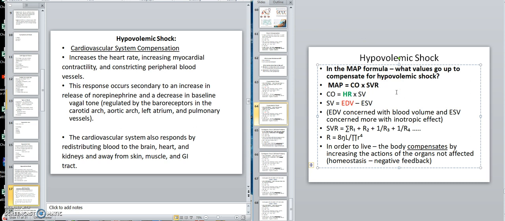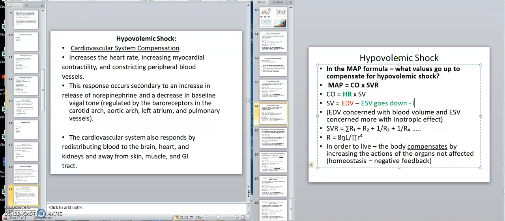What else could happen? We could squeeze harder. What does that mean? That means ESV could go down. Now I want you to think about that. ESV, that means you're leaving less in the tank. ESV goes down.